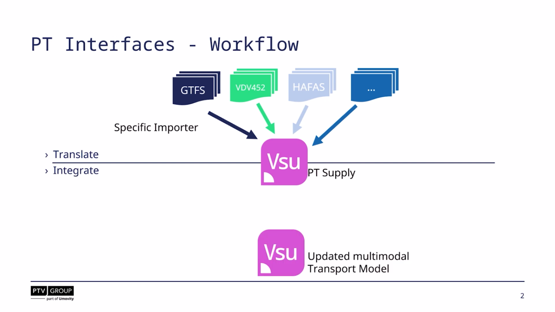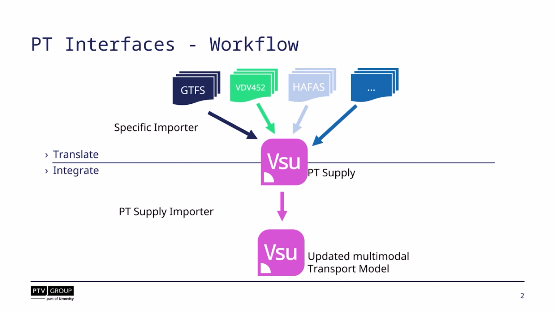The goal is to integrate this data into your multimodal transport model. The challenge is that there are no references to match the public transport data and the model data. And this is where the public transport supply importer comes into play. The importer identifies the best fitting stop points and does the map matching for the line routes.